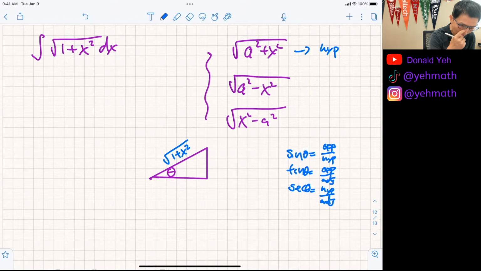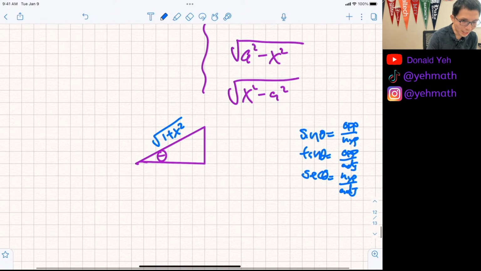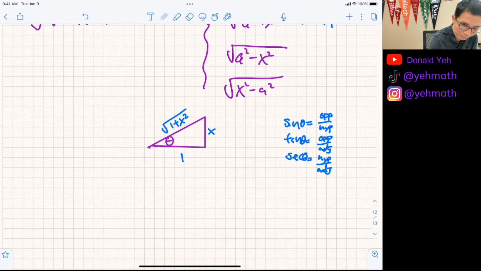Does that make sense? So those are the 2 things you need. So then you said, well, I want this x and 1. Why x and 1? Because I don't want a 1 over x. I don't want the tangent of theta to be equal to 1 over x. I want x over 1. So therefore, I'm going to substitute this. I'm going to say tangent of theta is equal to x over 1.